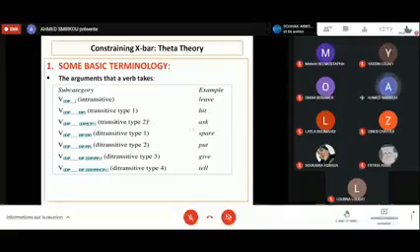For example, the verb ask. You may say, I asked some questions. So here the subject is a DP and the object is a DP. Or you may say, I asked if we can postpone the meeting, which means here the object is a CP, the complementizer phrase.